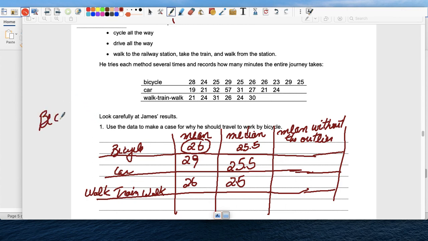Because the mean. So, I'm going to write over here, okay? He should go by bicycle.